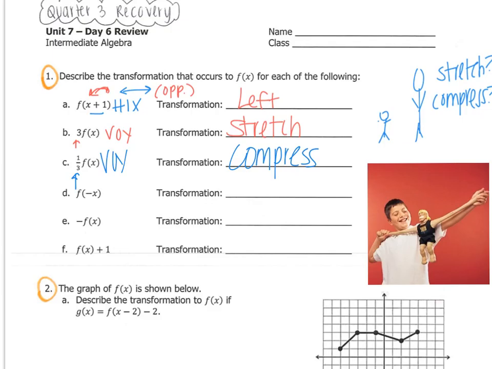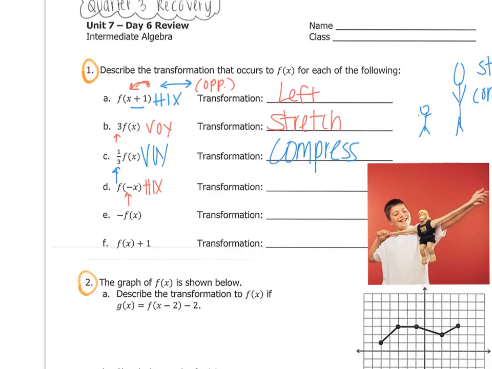The next one, we have a negative on the inside, so that's a Hicks problem. This one actually really helps if we have a little visual. So I want you to get in the habit, if you see a negative, draw this little blob on an XY axis. Because it's a Hicks problem inside the parentheses and we're changing the x's, we go in the left and right direction.